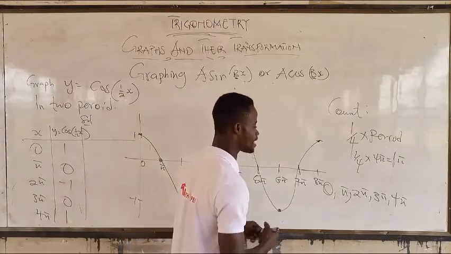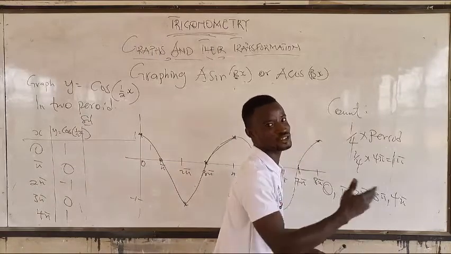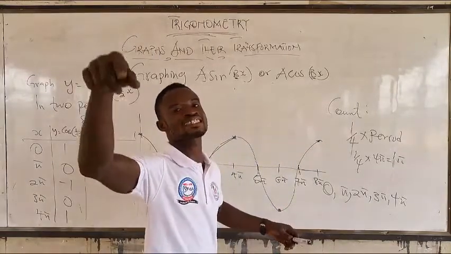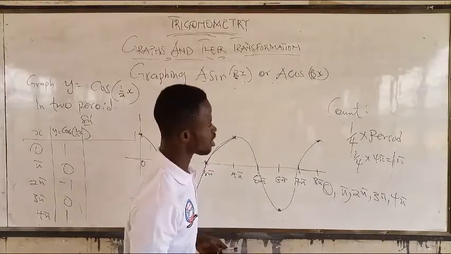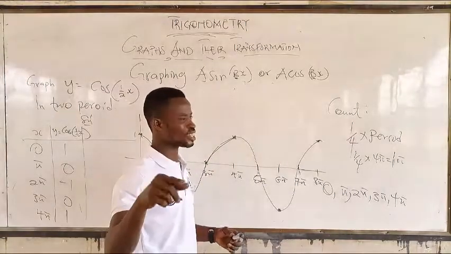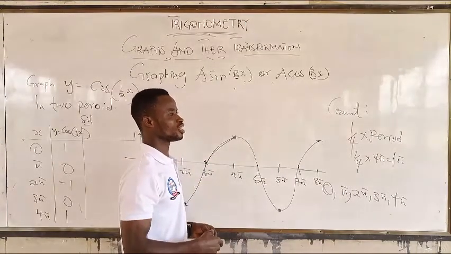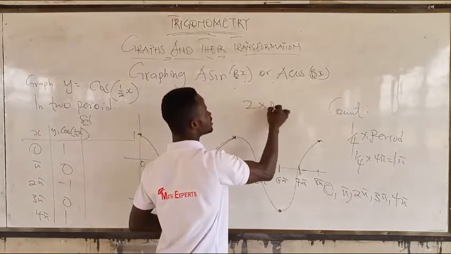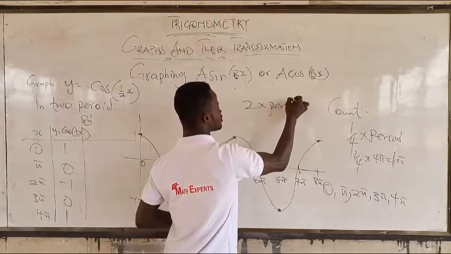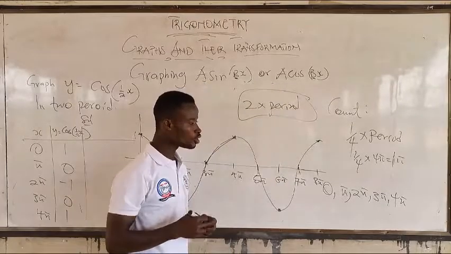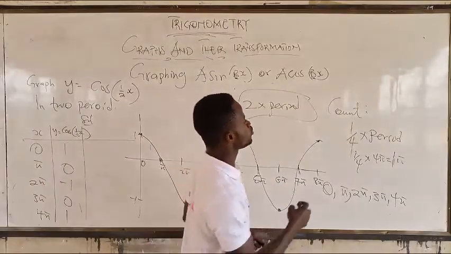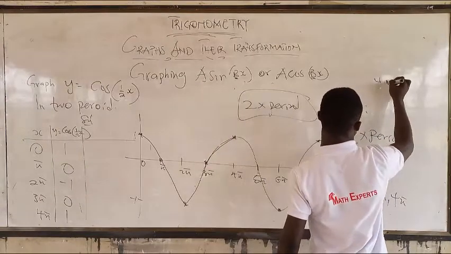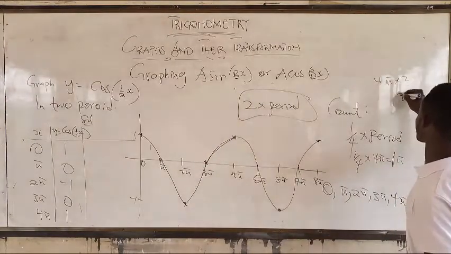So for 2 periods, you add till you get to twice the period. That is what I wanted to say. You add till you get to twice the period. Take note. Because when we have a period of 4 pi, we multiply by 2, get 8 pi.